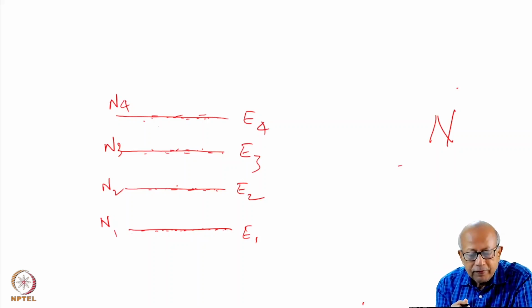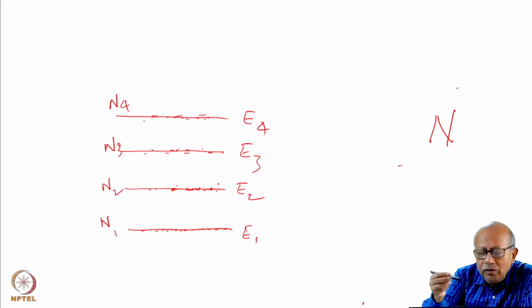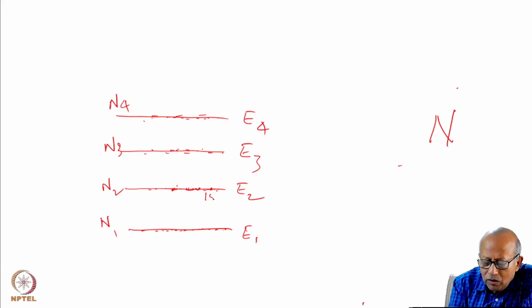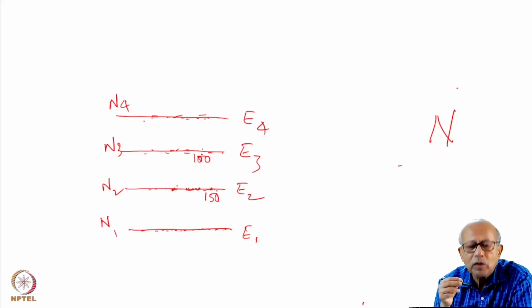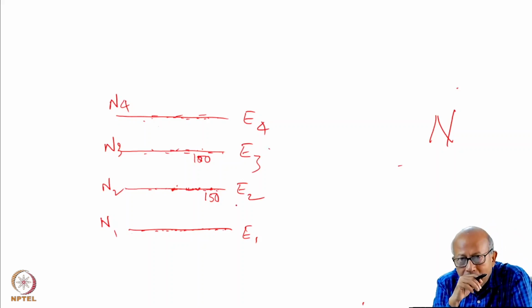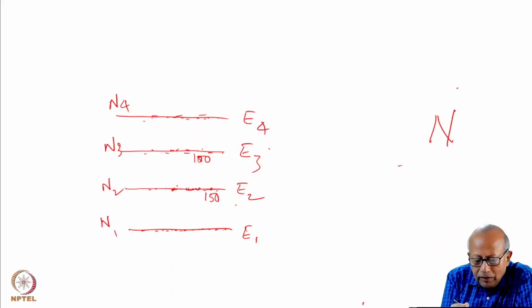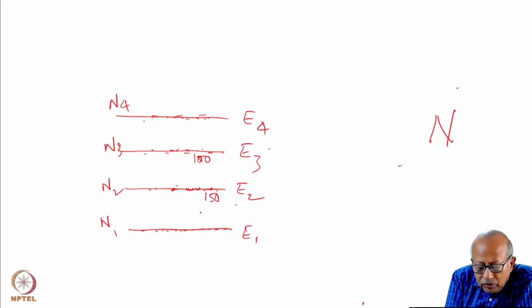For instance, suppose at some point the population of this level at that elevated temperature was say 150 and this was 100, satisfying the Boltzmann distribution. This has a population which is less than this, absolutely fine. Now as you have rapidly cooled the gas, population here will start reducing, and so will the population from here as well.